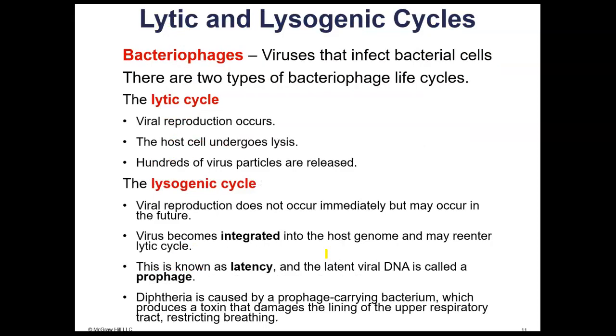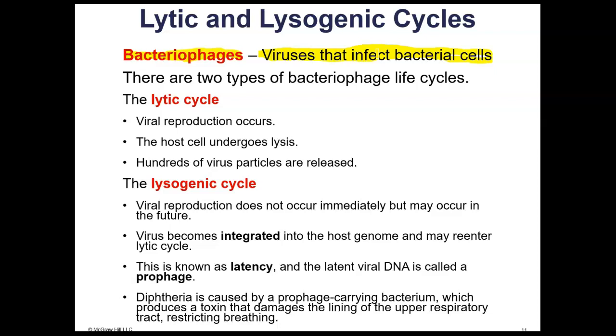Now, we know a lot about the life cycle of bacteriophages. And I told you earlier, a bacteriophage is a virus that infects bacteria, viruses that infect bacterial cells. And these are important for a lot of reasons, but one of the main reasons is because we have studied them.